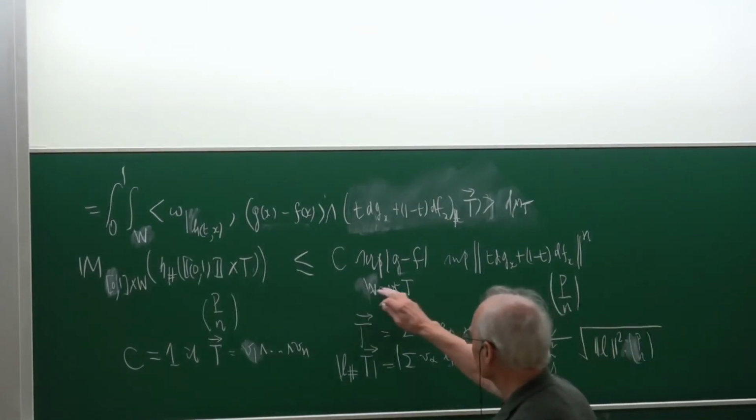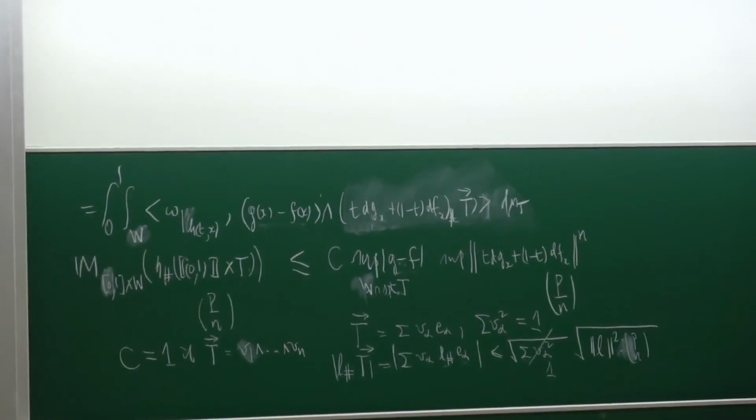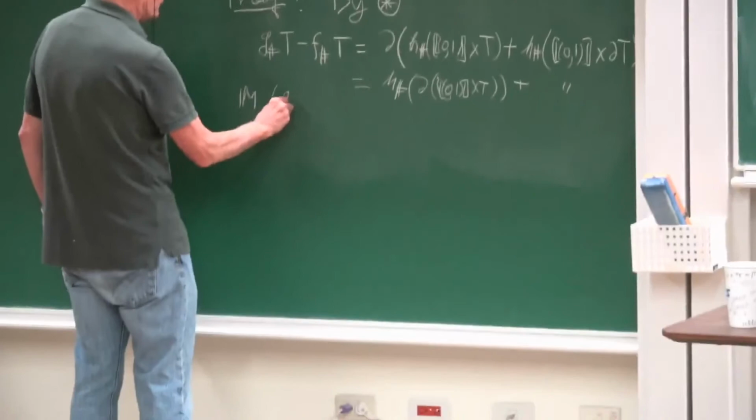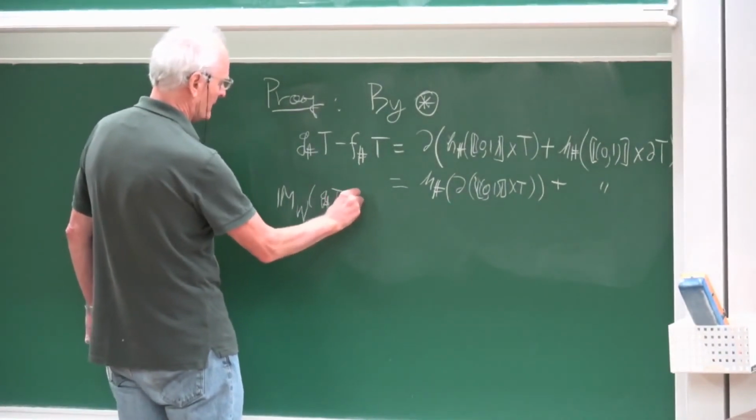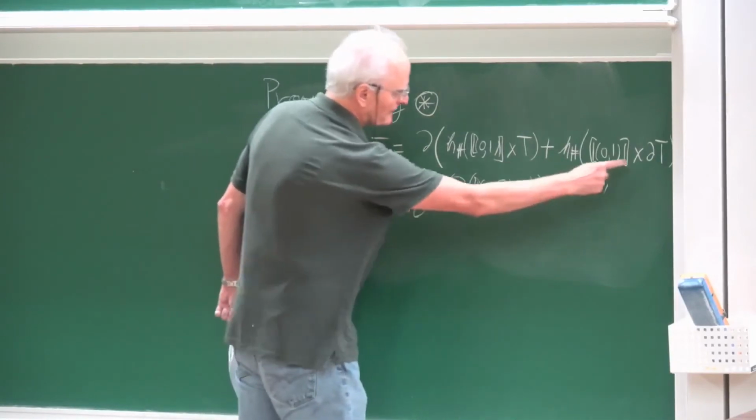So this is W intersect support of T, which is 0 in our case, because f and g agree there. So the mass of both of these is 0. So the mass in W of g sharp T minus f sharp T is equal to 0, because both of these terms are 0.